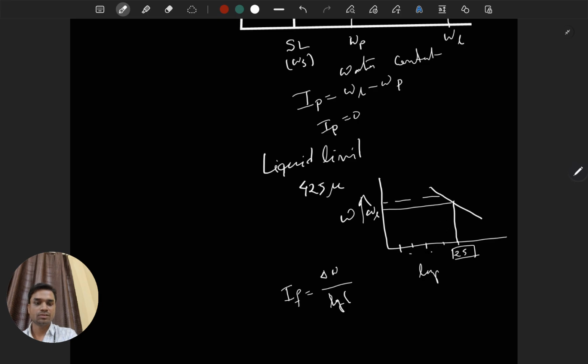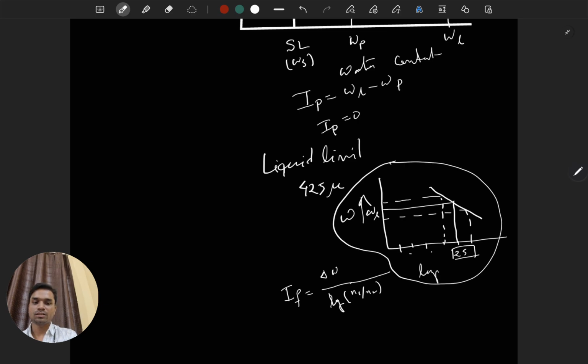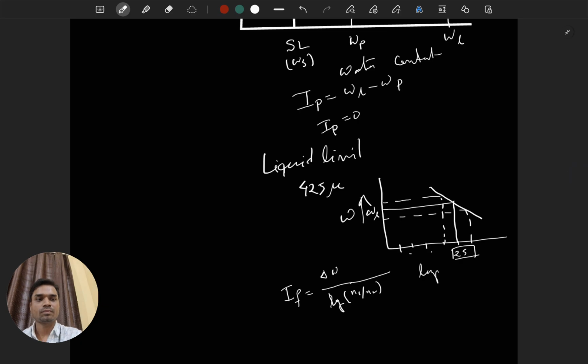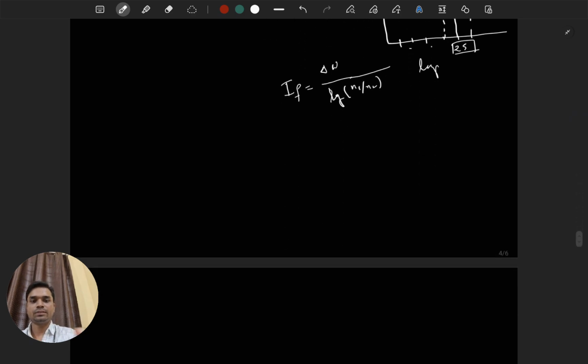Consider this way, and this way. Consider the changes between N1 to N2. That's it. This is known as the flow curve, and this is known as the flow index. That's it. Okay. Then activity.